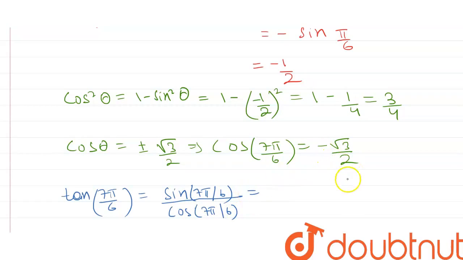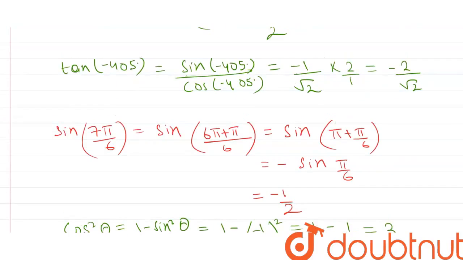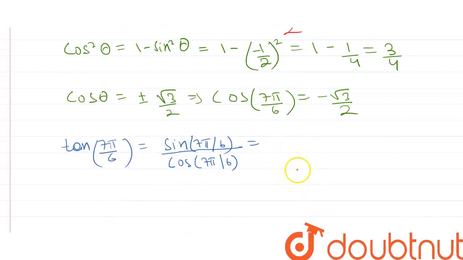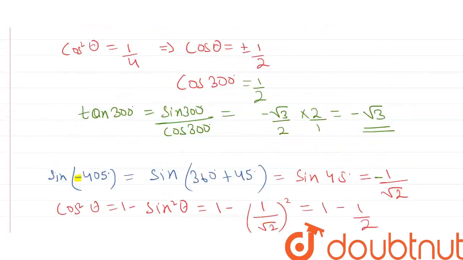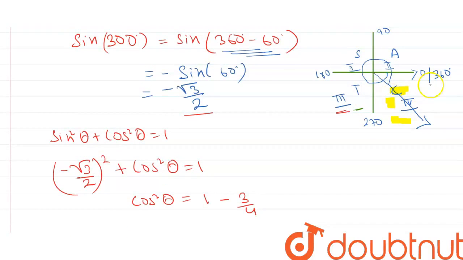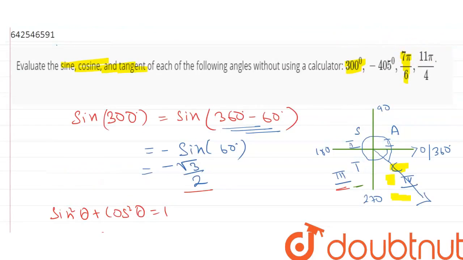The value of sine 7 pi by 6 is minus 1 by 2, and the value of cos 7 pi by 6 is minus root 3 by 2. So the value comes out to be 1 upon root 3, and it is positive. Let us check: the value of tan in the third quadrant is positive, so our answer is correct. Now let us move to the fourth part, 11 pi by 4.